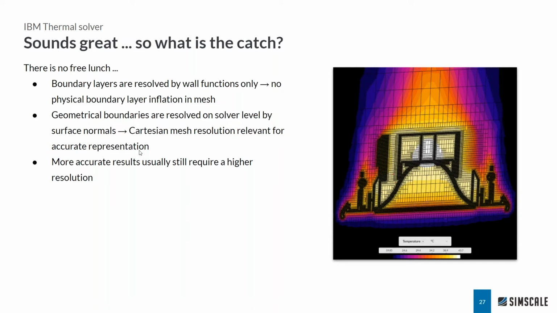Sure, of course. So as you said, there's no such thing as a free lunch, which essentially means, in engineering generally, so also here, there are always trade-offs, right? And with this immersed boundary approach, what we cannot do well is we don't have a physical boundary layer mesh, right? Usually, if you do the body fitted approach, you would create the boundary layers, inflate them, and then create the volume mesh further on.